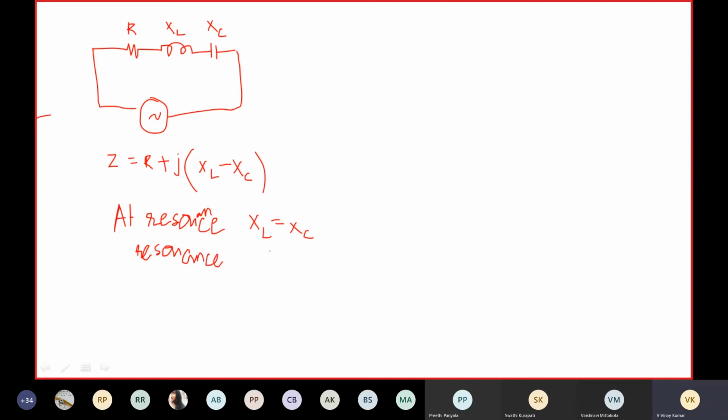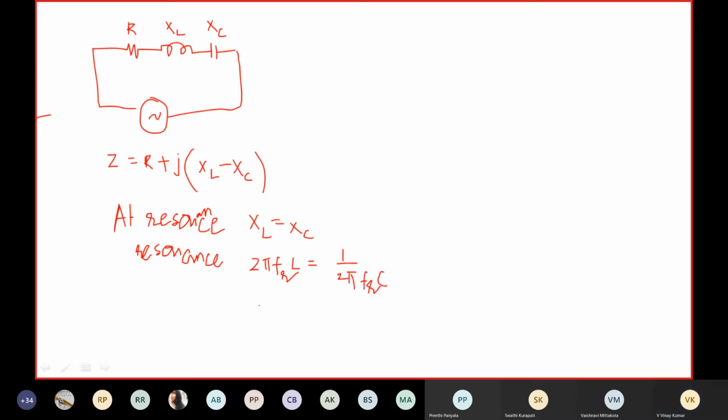XL is equal to omega L, that is 2 pi f L. At resonance, 2 pi fR into L is equal to XC, which is 1 by omega C, means 1 by 2 pi fR into C.